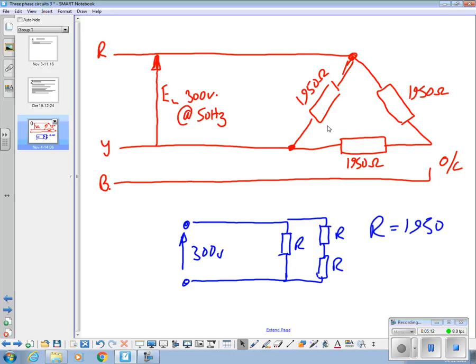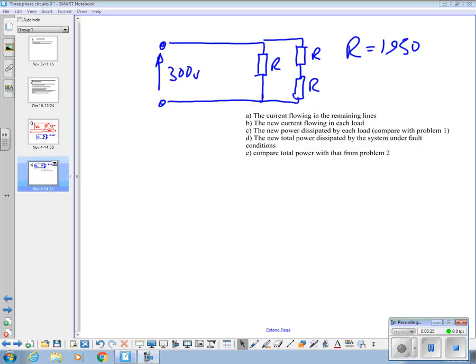That complication has gone. So that's our circuit, and that's what we're looking for.